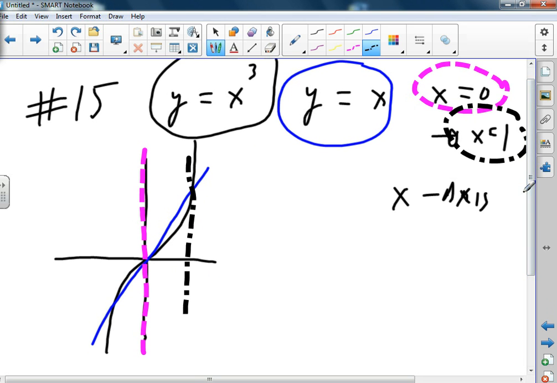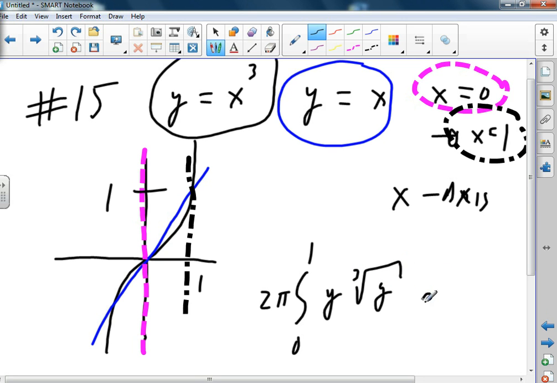Going back to our formula, rotating around the x-axis means I'm parallel to the x-axis. So my volume is going to be 2 pi integral 0 to 1, because that's at 1, 0 to 1 y times a function of y, which would be cube root of y dy.